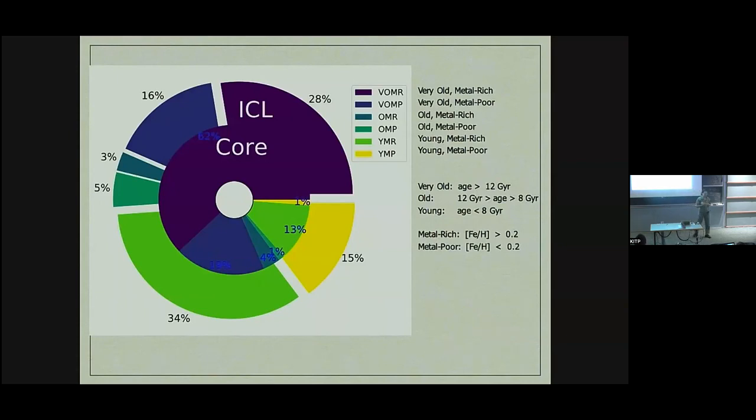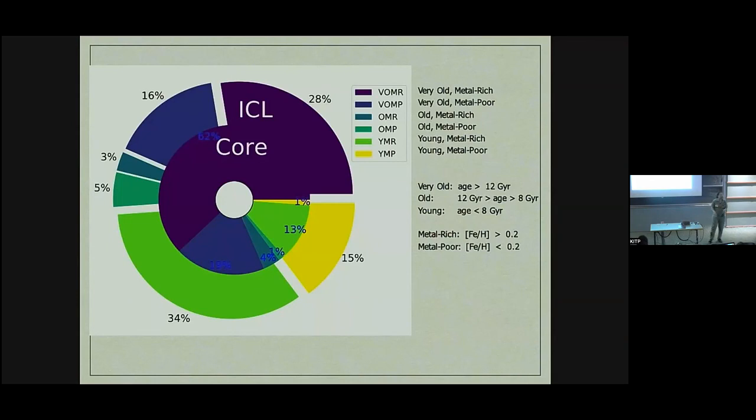But when we look at the intracluster light, certainly many of the populations overlap. It's to be expected. But we see up to about 50% of young stellar populations. Again, to be honest, when I say young stellar populations, I'm talking about less than 8 gigayears.